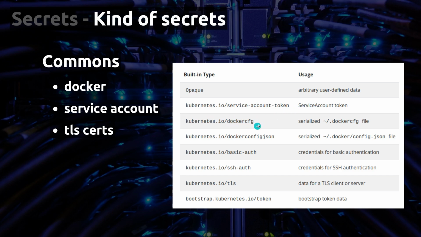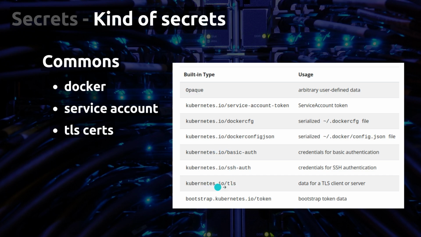You can set the Docker cfg or the Docker config JSON to set the secret for a Docker registry. You can set basic auth inside it, SSH auth especially for SSH authentication with an SSH public key, for example.